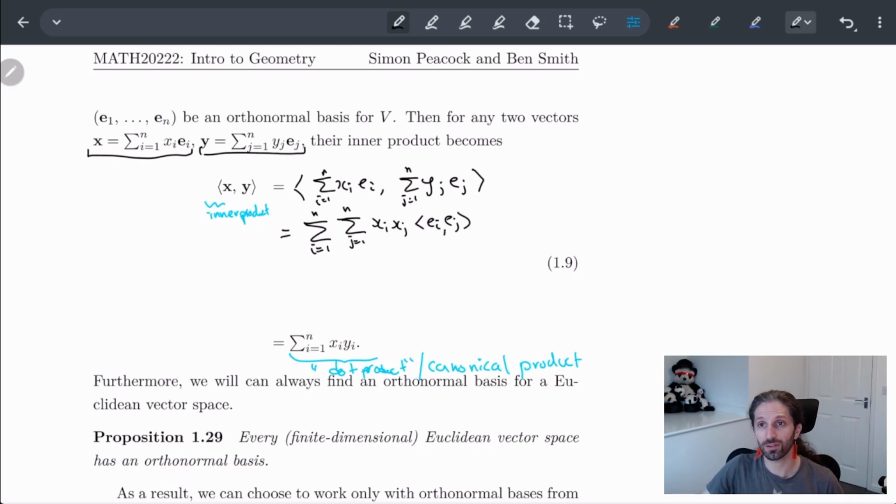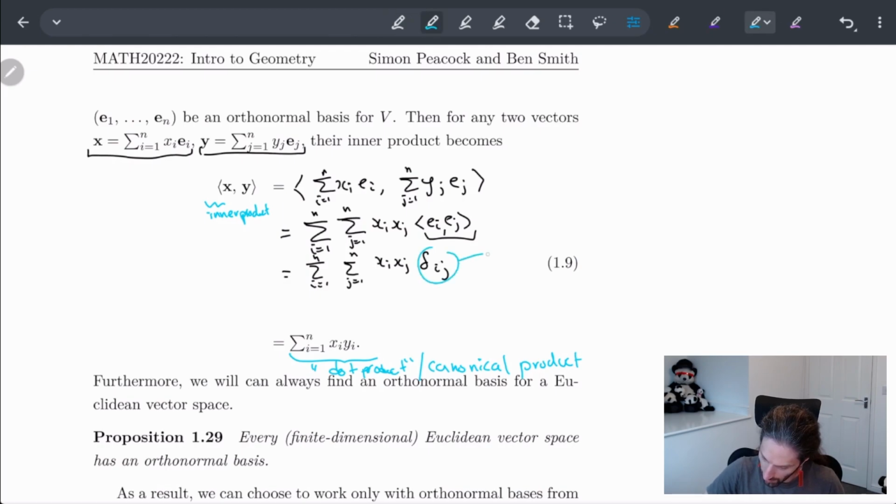But if you think about this, the inner product of ei and ej is just the Kronecker delta. So this is the double summation of xi yj times the Kronecker delta of ij. Recall this is equal to 1 if i is equal to j, and 0 otherwise.